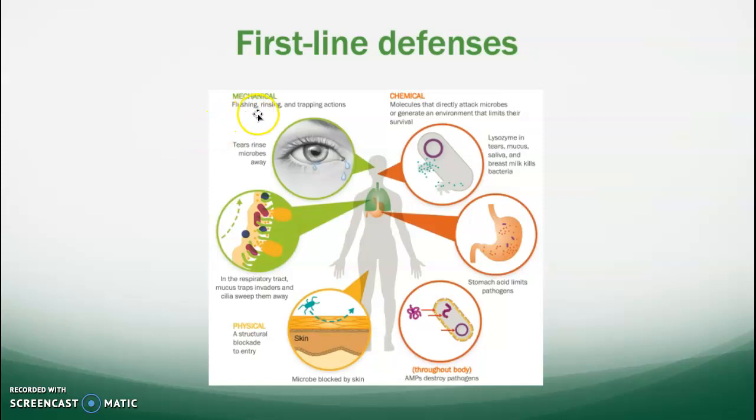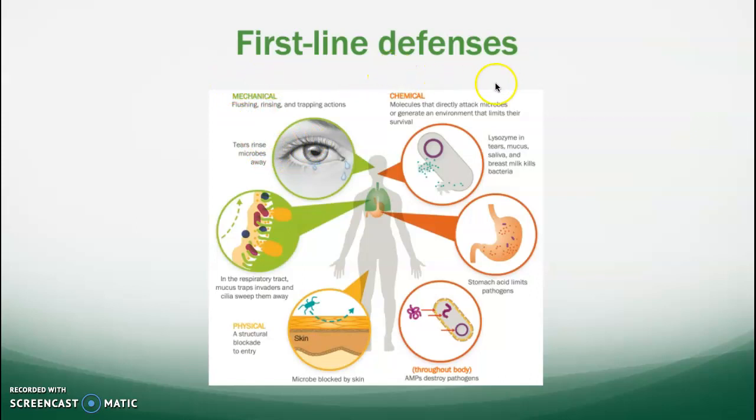We have flushing, rinsing, and trapping actions, and this is showing the idea of the eye. We can have tears that would rinse microbes away. You might also think about things like urine in the urinary tract, flushing the tubes so that they don't allow any kind of microbial growth. And for trapping action, sometimes even the eyelashes or eyebrows play a role in trapping.